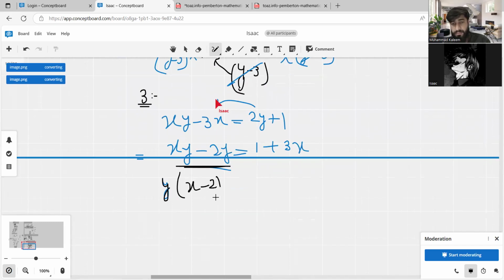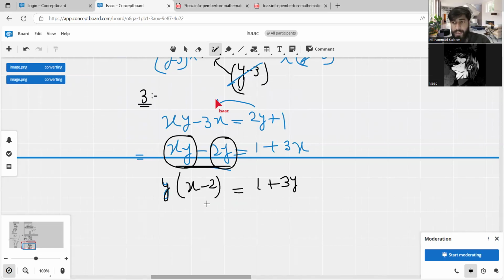Next, we have to take y as a common factor. Can I take y as a common factor? So what will be left from these two terms? In the first term only x will be left over because I took y as a common factor, and from the second only 2 will be left over. So x minus 2.